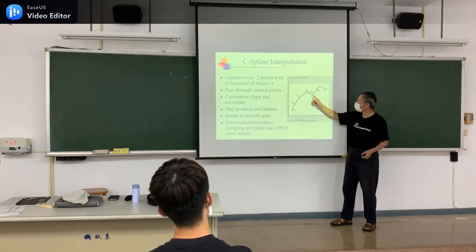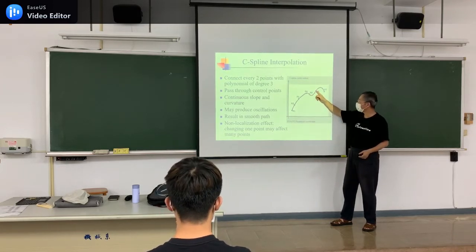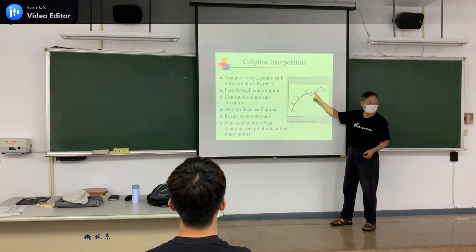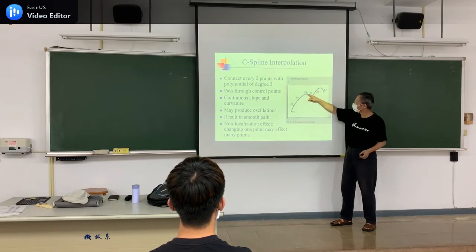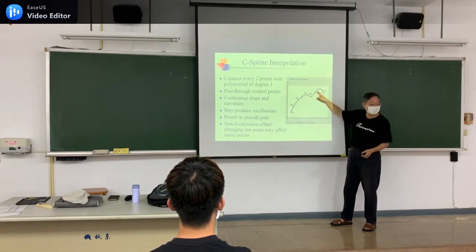For example, if you just look at P5 and P6, you want to connect these 2 points. The most smooth way is like this, right? We don't need to go through this way, right?